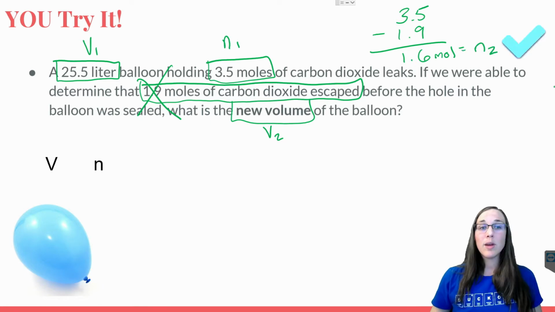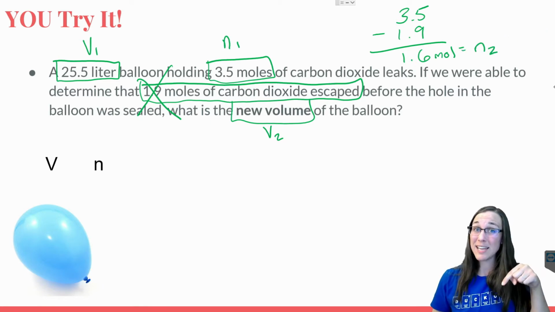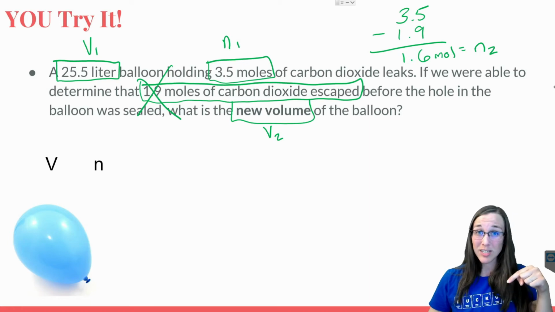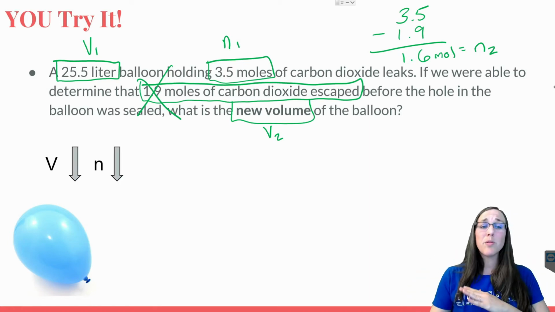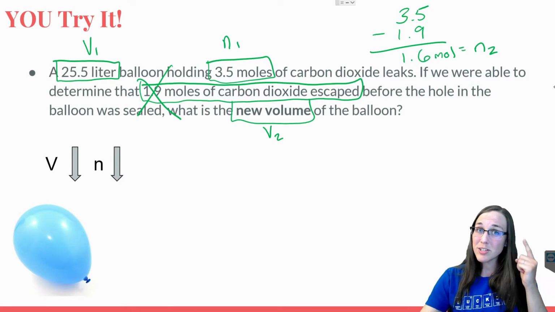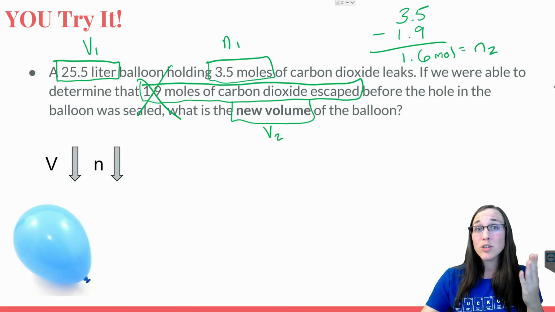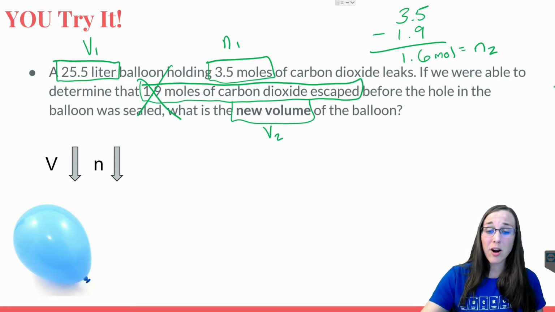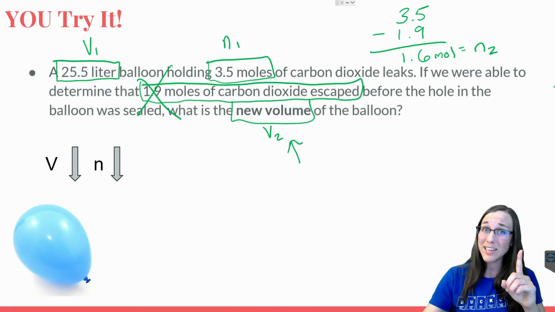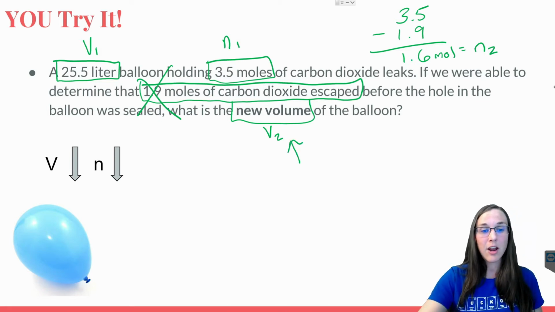for N2. We know that the moles went down, and since Avogadro's law is a direct relationship, if the moles go down, the volume should also go down. So before you ever calculate, make sure you understand conceptually what your value should end up looking like, so that if you do a calculation incorrectly, you'll be able to pick it out rather easily. For example, we should know that our V2, if calculated correctly, should be less than our V1 of 25.5 liters.